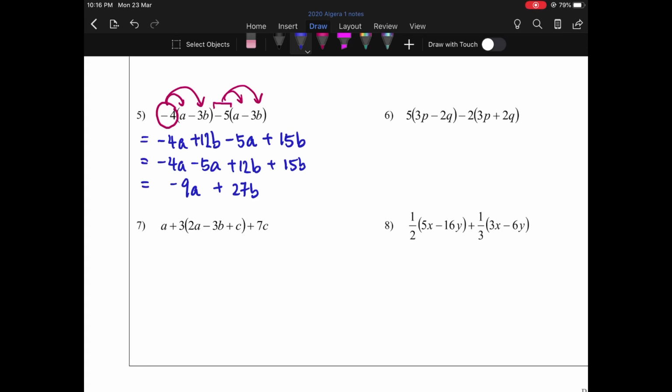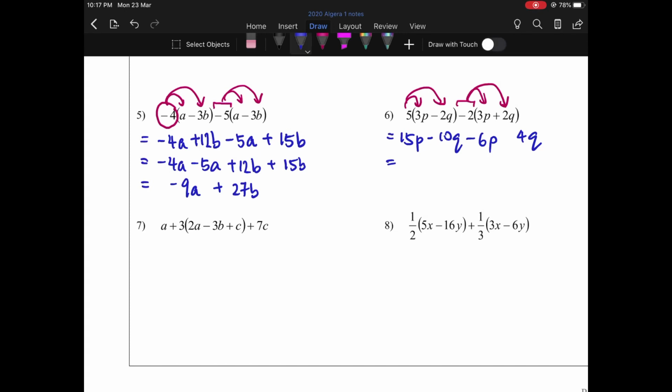Question 6. Distribute the 5 inside, and the second set, you need to distribute the negative 2, like so. Sorry, made an error.